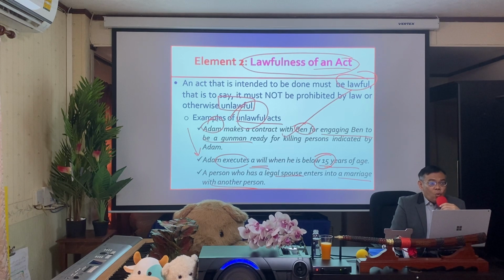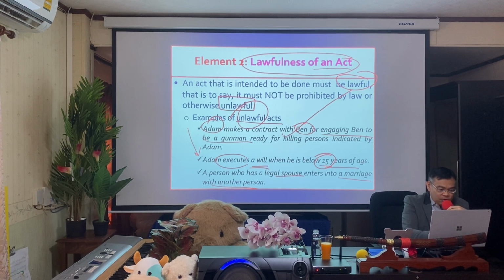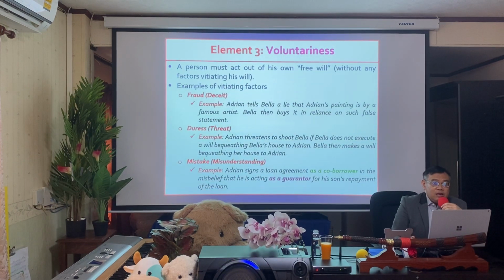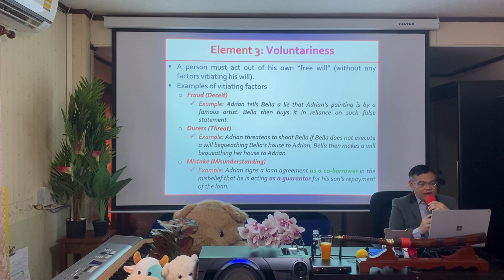When you already have your spouse, you cannot marry another person. If you do so, that is unlawful. So this is a juristic act which is not lawful, and it cannot be a valid juristic act.